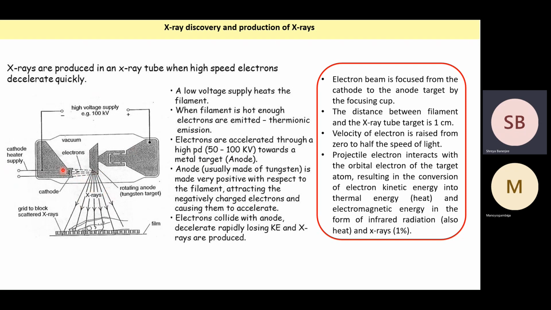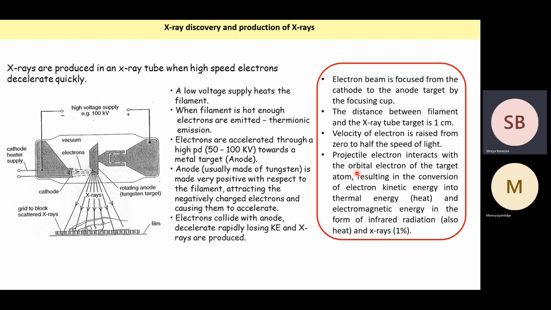The distance between this filament and this anode is generally around 1 centimeter, and this positively charged anode causes so much acceleration in the electrons that its velocity is raised from 0 to almost half the speed of light. So there is a huge acceleration, and that huge kinetic energy is lost in the form of X-rays.